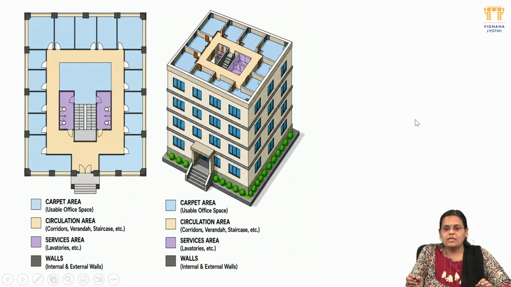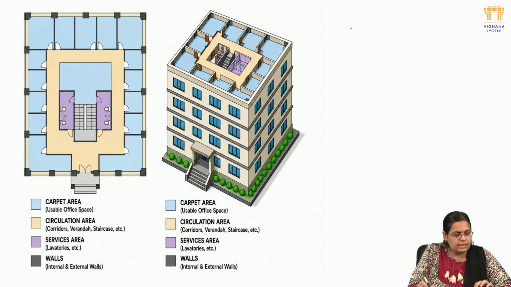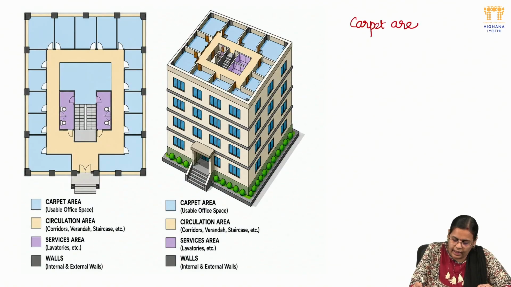So before solving this problem, we have to calculate the built-up area. Carpet area is given in the question. So carpet area in this problem is given as carpet area equal to 2000 meter square.